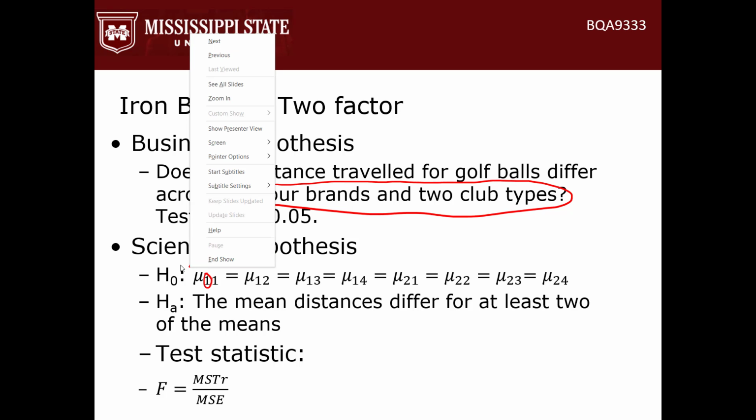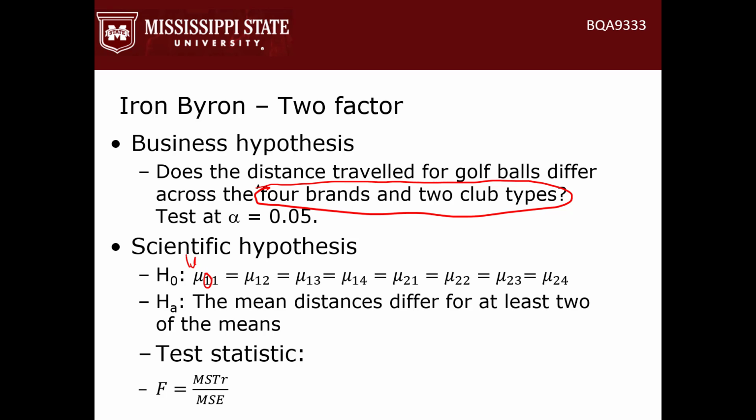So we could have mu 5 iron, A, mu 5 iron, B, mu 5 iron, C, mu 5 iron, D, mu driver, A, mu driver, B, mu driver, C, etc. Or this is actually a bit cleaner, just giving the numbers.